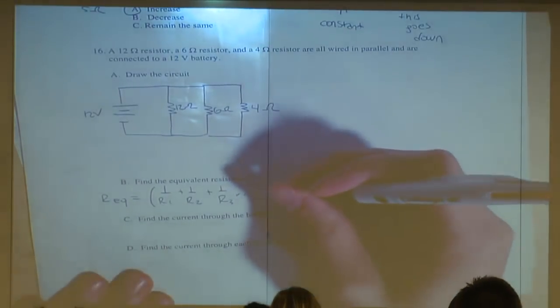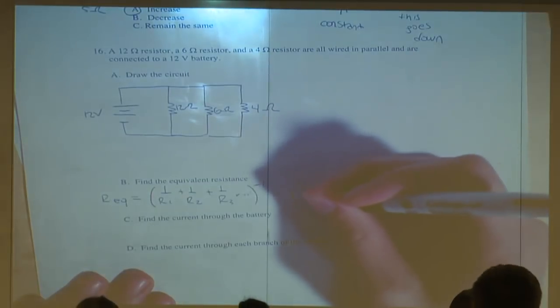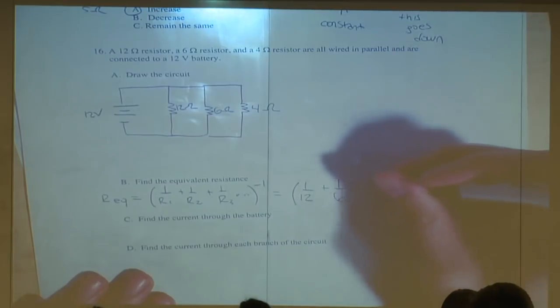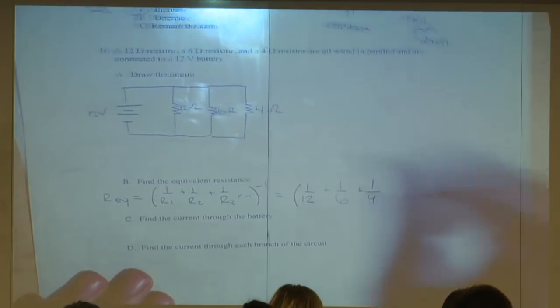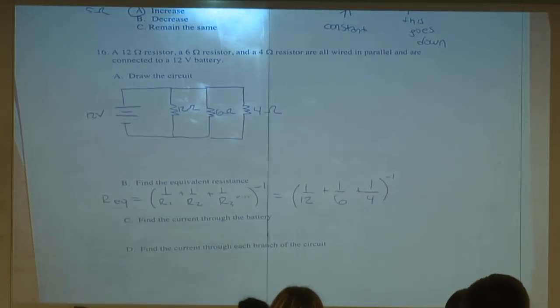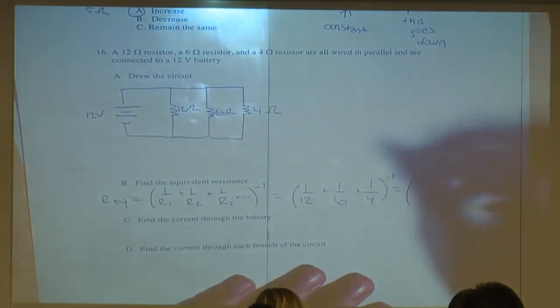Anyway, for this one, it's going to be 1/12 plus 1/6 plus 1/4, to the -1. For this one, I'm just going to turn them into fractions, change the denominator on the bottom, because that's how I like to do it.